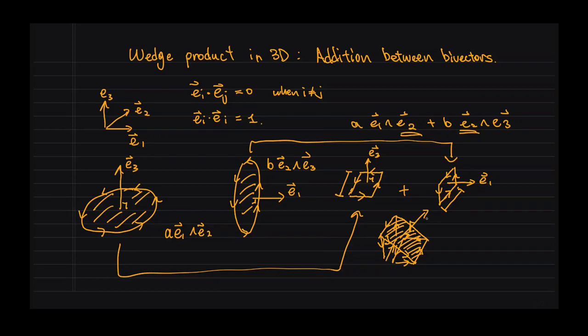Then you follow the shape, and you ignore this axis and this axis, E1 and E3, and line up with them.